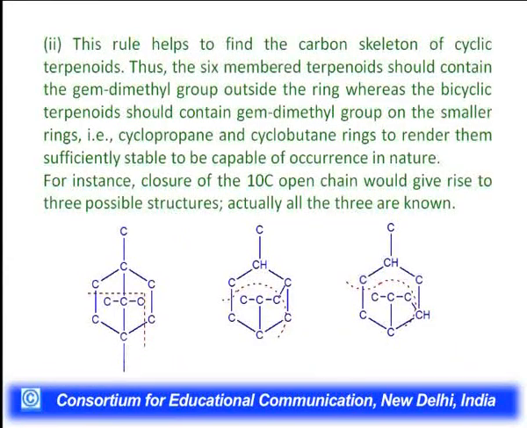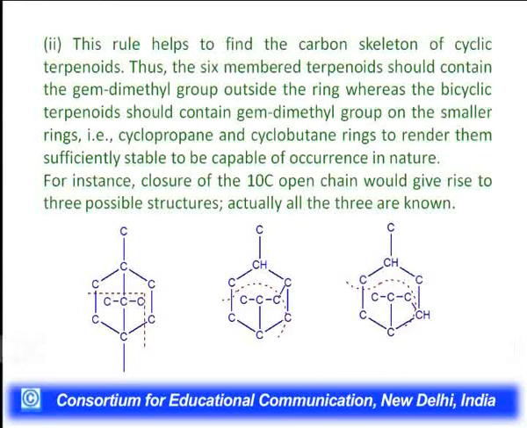This rule helps to find the carbon skeleton of cyclic terpenoids also. Thus, the 6-membered terpenoid should contain the gem-dimethyl group outside the ring, whereas the bicyclic terpenoids should contain the gem-dimethyl group on the smaller ring, that is the cyclopropane and the cyclobutane ring, to render them sufficiently stable to be capable of occurrence in nature.